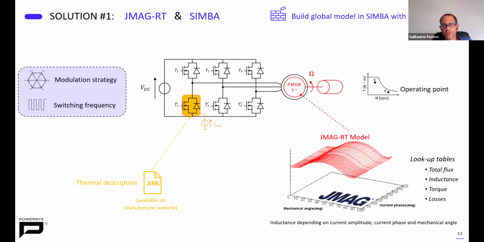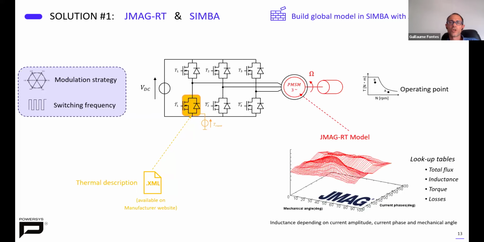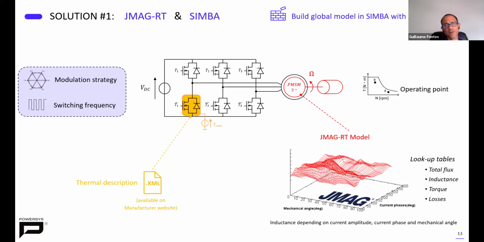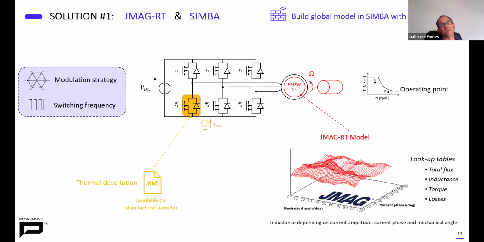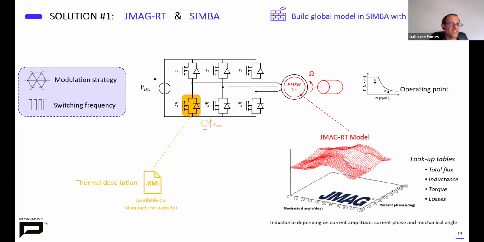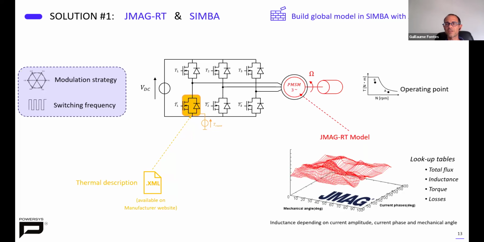On the motor side, we use what we call a JMAG-RT model. Here, RT stands for real time. These RT models are generated from JMAG finite element analysis and are exported as lookup tables. These lookup tables provide the dependence of flux, inductance, torque, and loss on the current amplitude, current phase, and the rotor position, which are going to be determined in SIMBA.